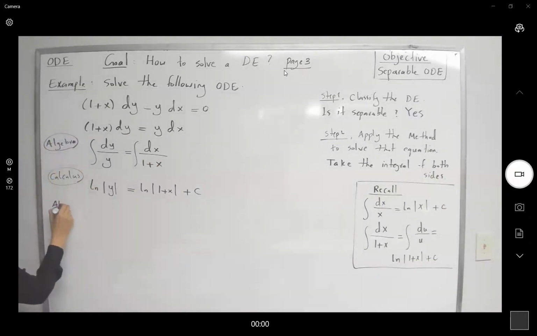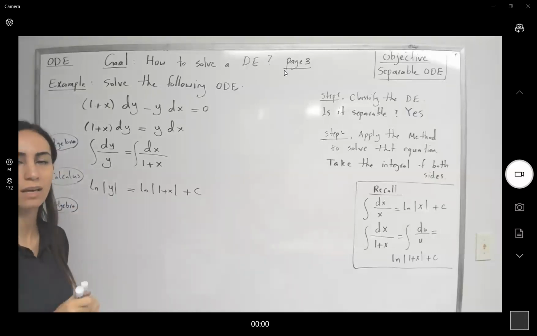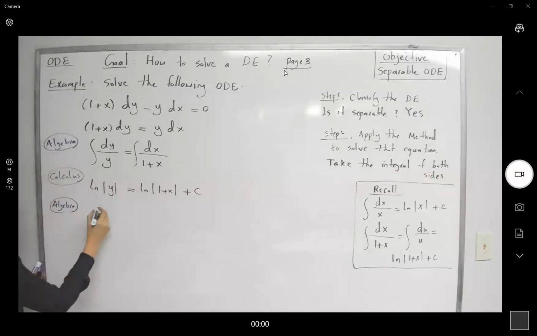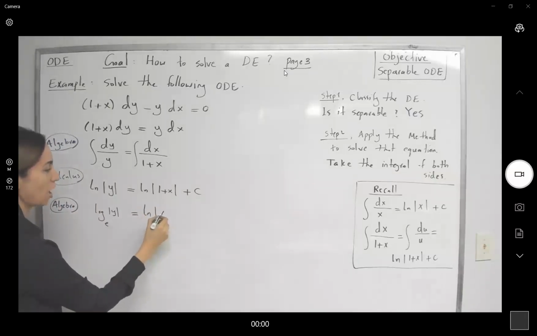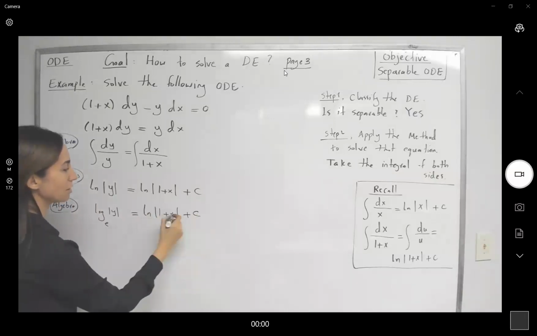So from algebra, we know that this is ln. What is ln? It's natural log. So ln can be written as the log of absolute value of y with base e, which is equal to this expression on the other side, ln of 1 plus x plus c.